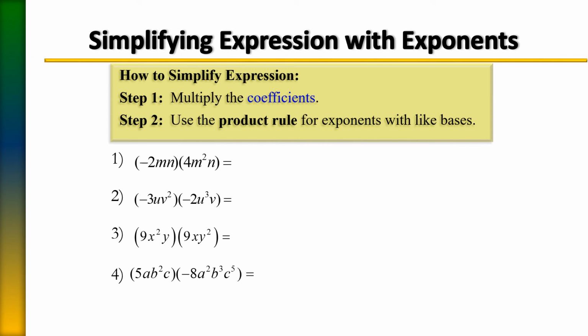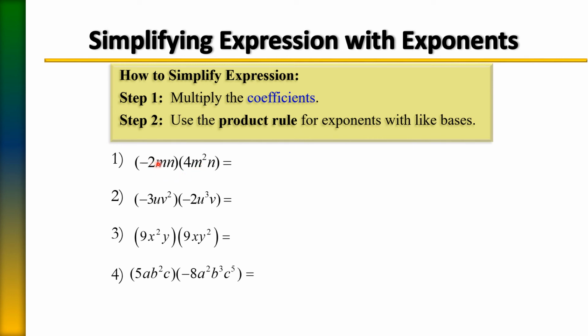Now let's see what's going to go behind that -8. Let's start with our variables. We write them in ABC order. So starting with m, for the first term I have 1m. Second term I have a total of 2 m's.